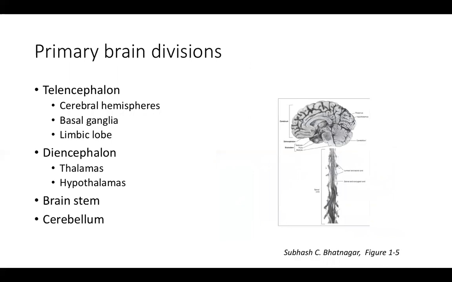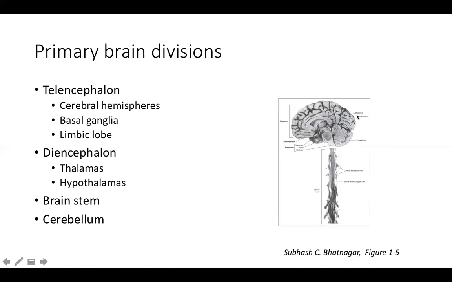Another brain division that I wanted to introduce you to is divided up into telencephalon, diencephalon, the brainstem, and cerebellum. And so this image here is one that I want to get you acquainted to. The diencephalon, actually, let's start here. The diencephalon here is what includes the thalamus and the hypothalamus.